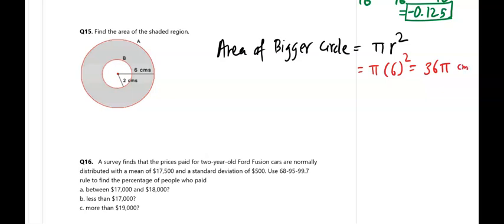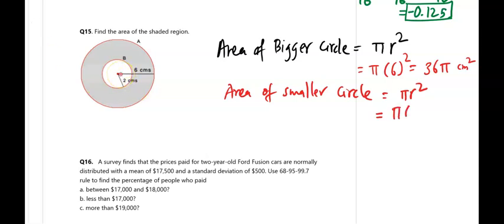Obviously centimeters squared, that's the unit. The area of the smaller circle equals pi r squared again, but the smaller circle has a radius of 2 centimeters, you can see here. So pi times 2 squared is 4 pi centimeters squared.